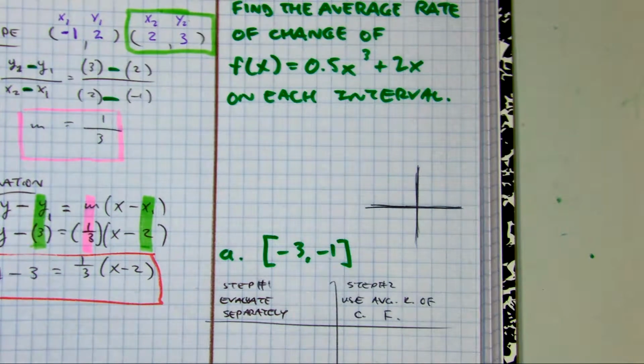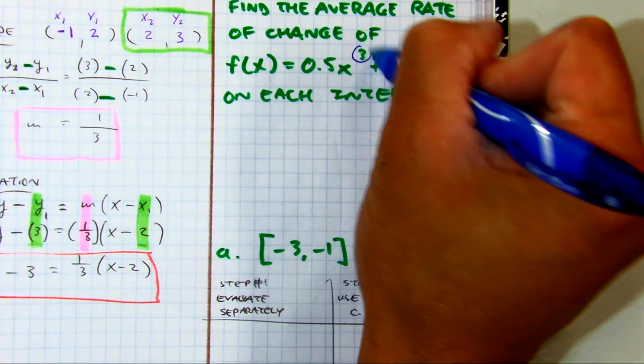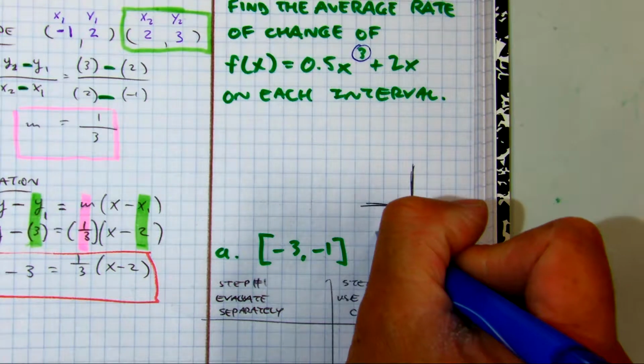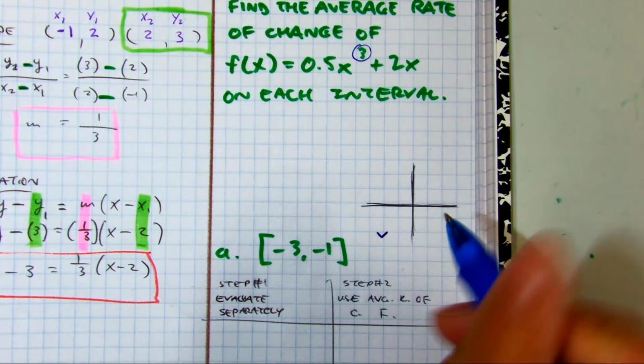We got a cubic function. Does it start up or down? Class, show me with your thumbs. Where does it start? Yeah, you should start down. And then, Amy, where do you think it'll finish?